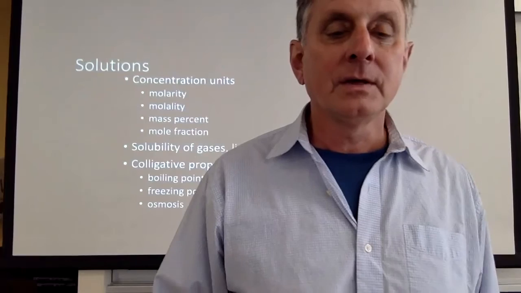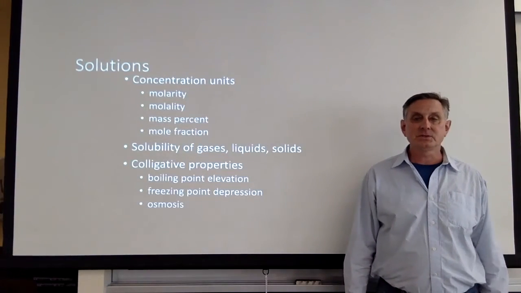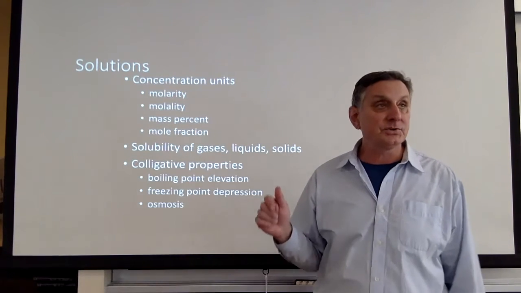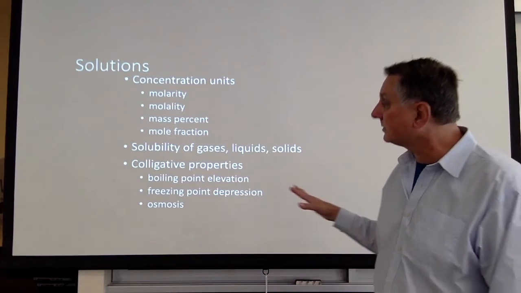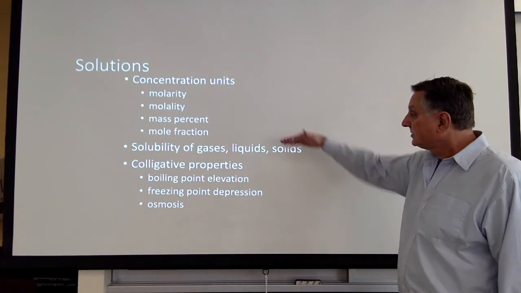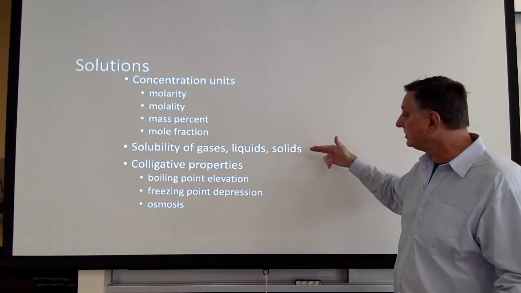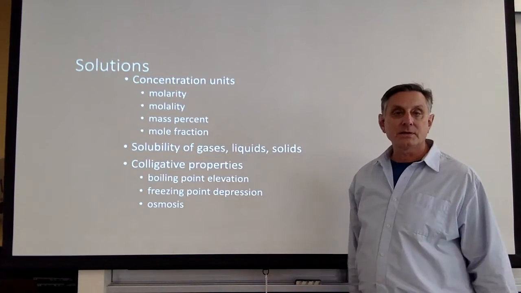Now, here's where we get into the meat of chapter 13, solutions. Today, I'm only going to cover concentration units and we're going to work through some examples and a couple of calculations. Solubility of gases, liquids, and solids: well, we talked about the solubility rules for solids. We'll talk about gases and liquids on Friday, and we'll talk about colligative properties.